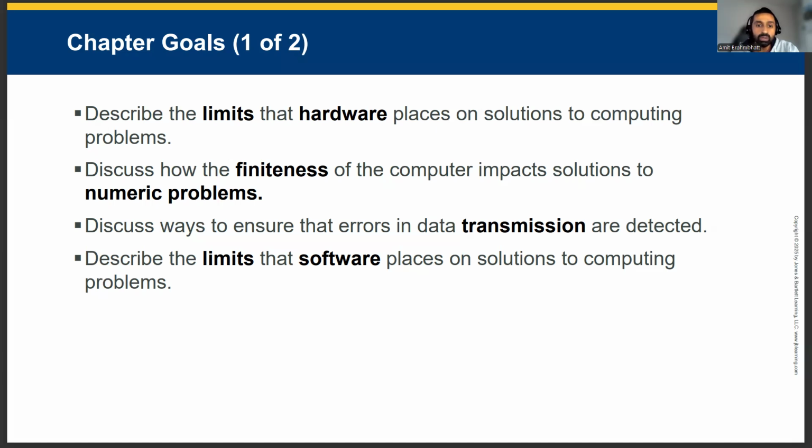Throughout this chapter, we'll examine arithmetic precision, error detection, software complexity, algorithmic performance, and deep theoretical issues like the halting problem and computability. By the end, you'll have a clear picture of why computing is powerful but not unlimited.